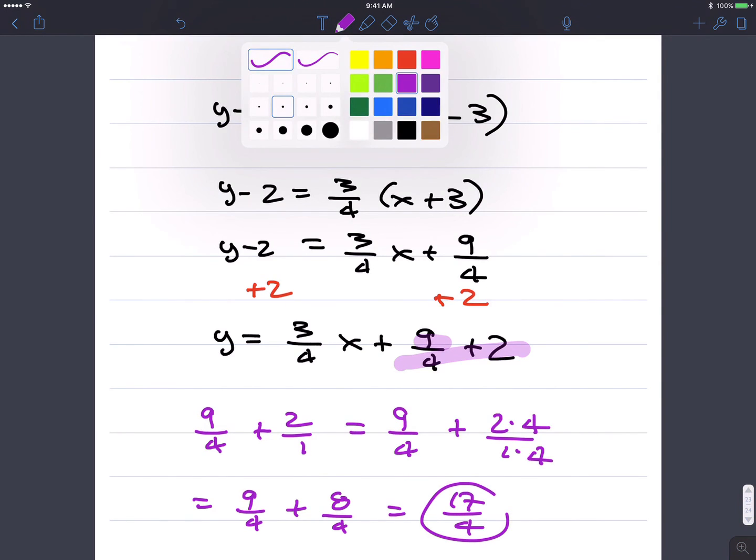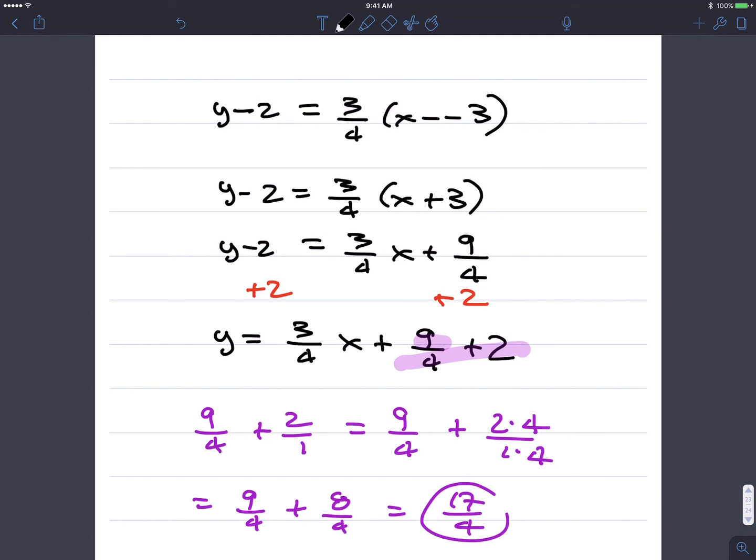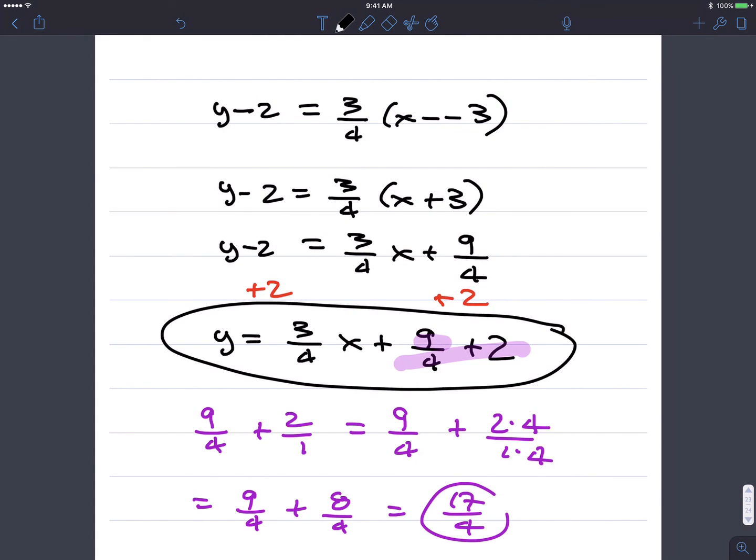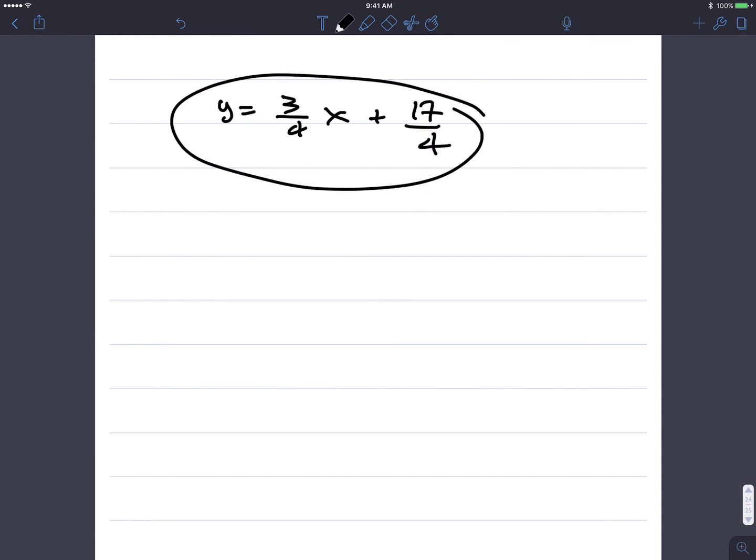Final answer. Go back here. 3/4 x plus 17/4. And you're done.